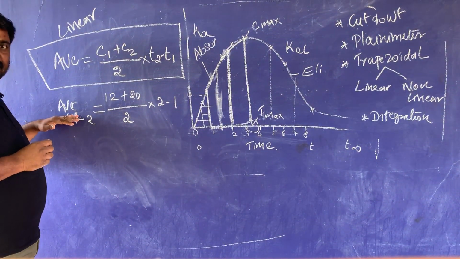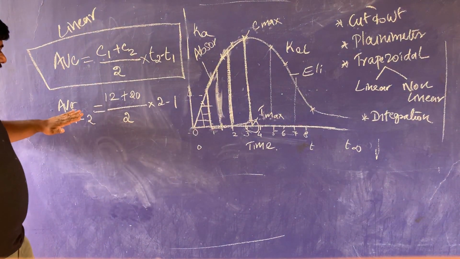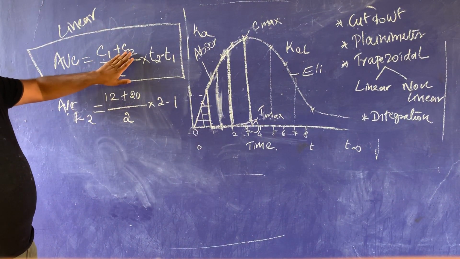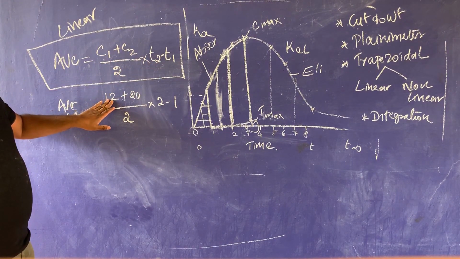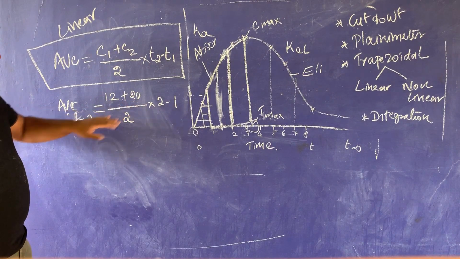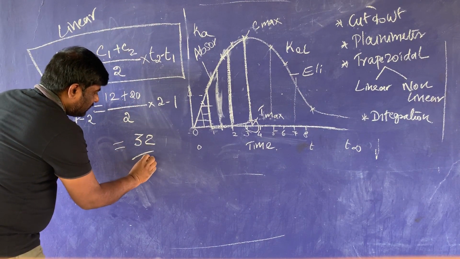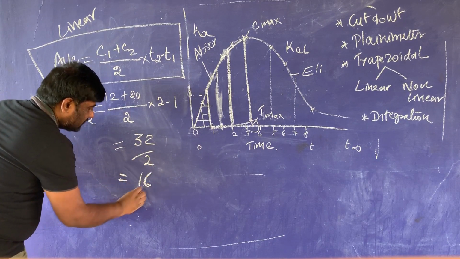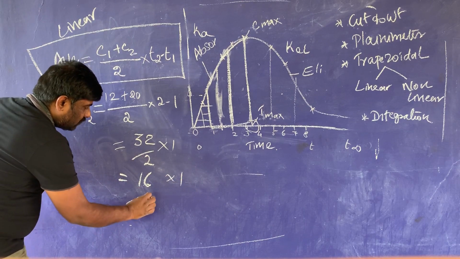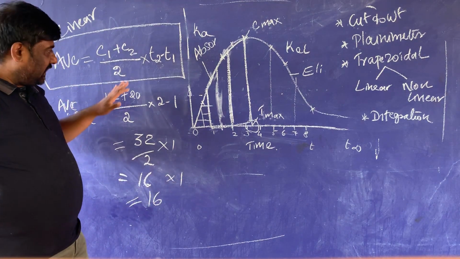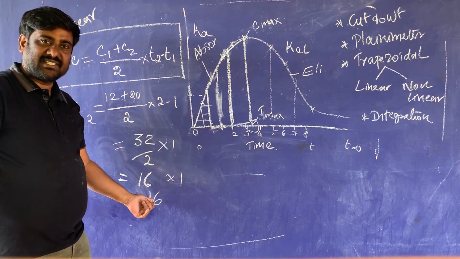So we are going to check the AUC from 1 hour to 2 hour. So for this AUC, (C1 plus C2) divided by 2 into T2 minus T1, the difference between time. So C1 is 12, C2 is 20, so it is 32 divided by 2 is equal to 16 and into 1. So 16 into 1 is 16. So the area under curve of 1 to 2 hour is 16.